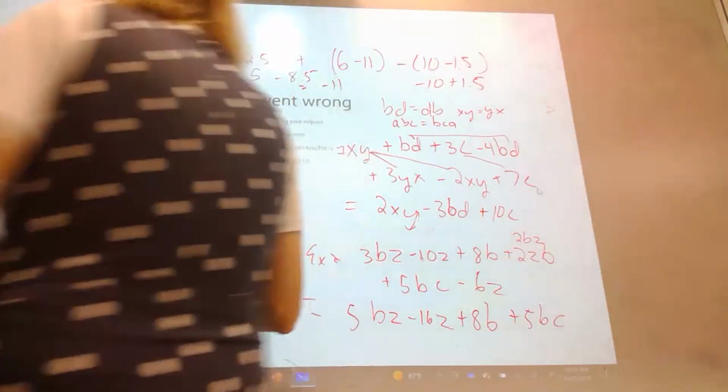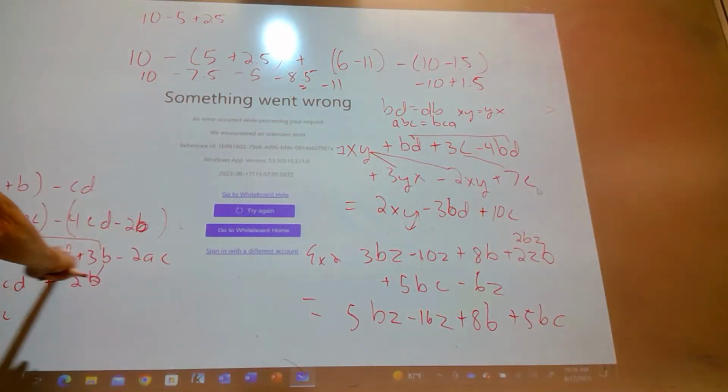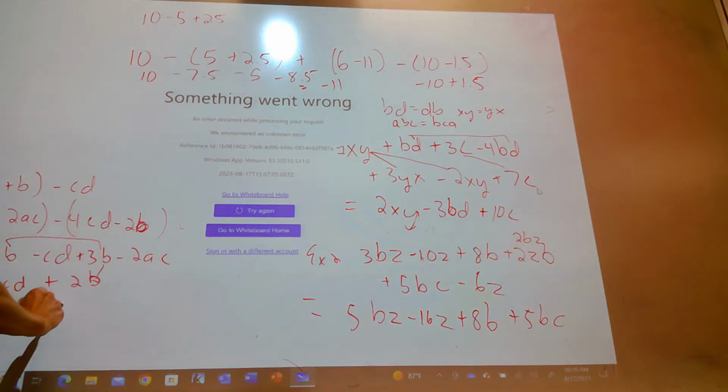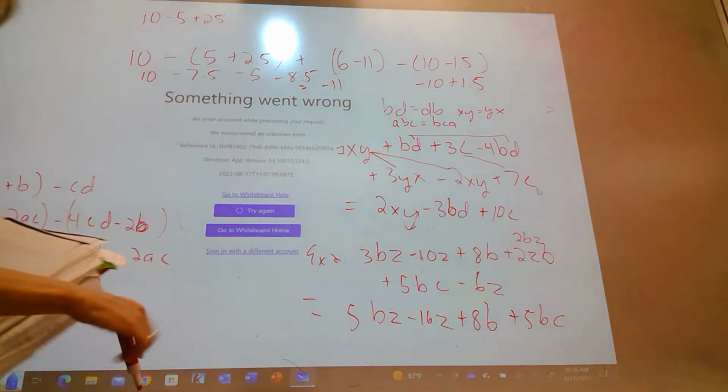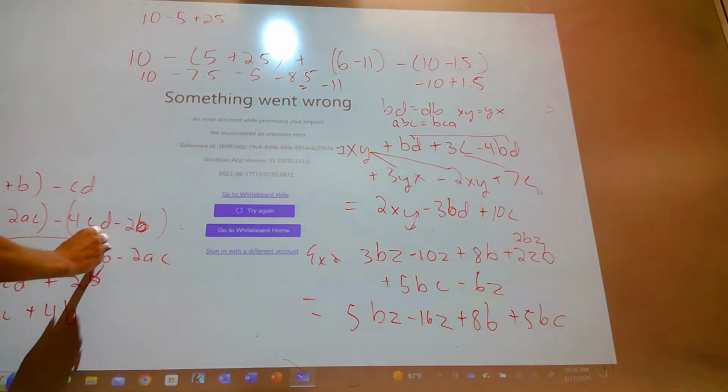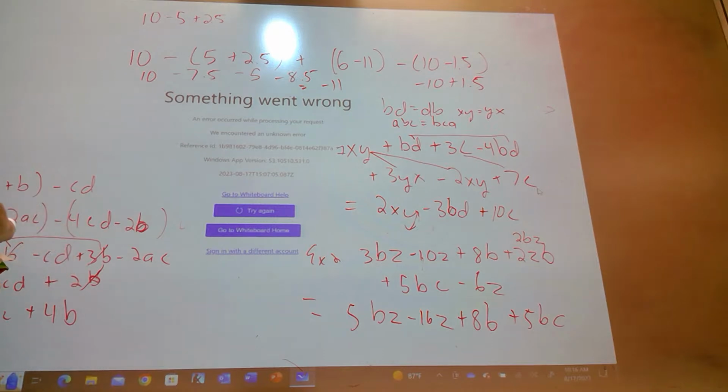Okay, so I have minus 1 plus 3 plus 2. 3 plus 2 gives us 5. 5 minus 1 gives 4. 4B. So we have 3 plus 2 minus 1. Okay, so I've gotten rid of those. I've gotten rid of those.